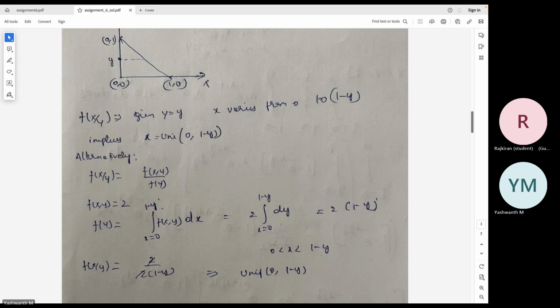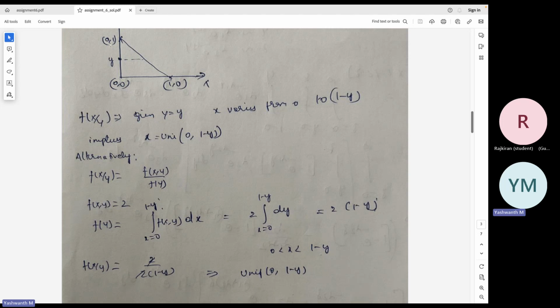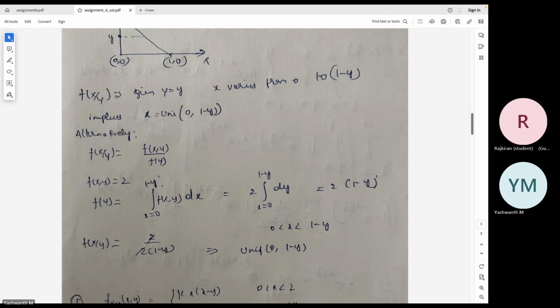The area of this triangle times the height, because it is uniform, so that will be constant. The area of the triangle is half, so the height will be 2. That's why f of x, y is 2 in this region only, whenever x and y are in this triangle.